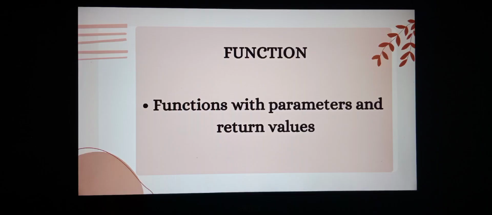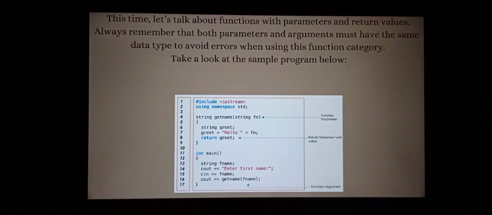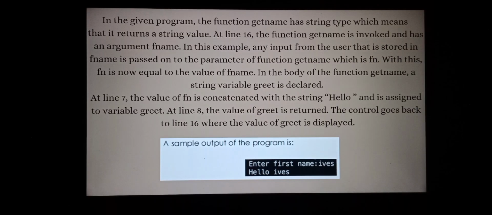Function with parameters and return value. This time, let's talk about functions with parameters and return values. Always remember that both parameter and argument must have the same data type to avoid errors. When using this function category, take a look at the sample program below. In the given program, the function gateName has a string type, which means that it returns a string value.